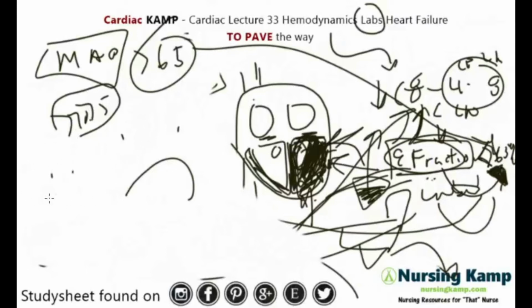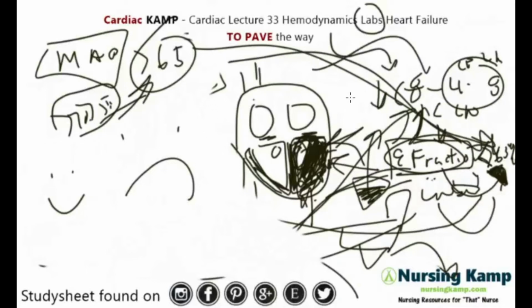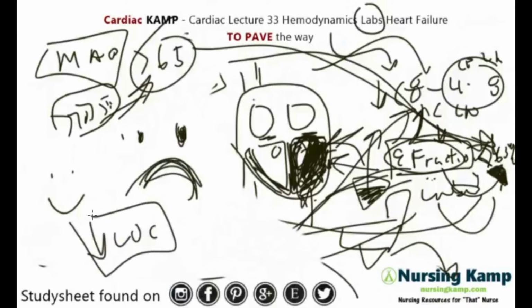Then that person's getting perfused. But if it's less than this mean arterial pressure, or it's the result of a poor ejection fraction and decreased cardiac output, the person gets restless. That's why decreased level of consciousness is always acute. And the mean arterial pressure is important.